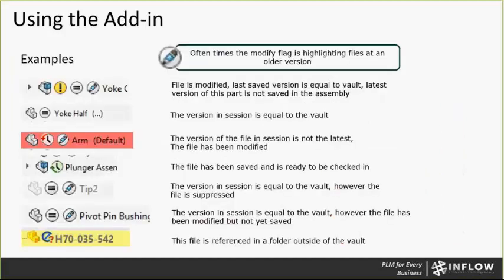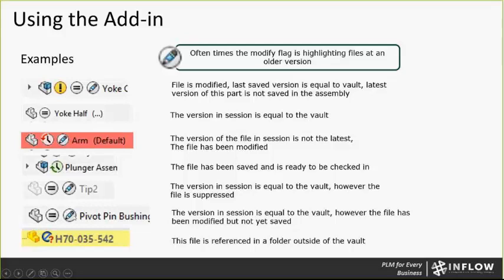This is what these icons stand for and what they mean. I'm not going to go over every one of these, but here are some combinations that we see, which is another thing that we recommend giving to people as they start to use SOLIDWORKS for the first time, or even as a refresher a year after they start using it. This talks about different icons and what they mean in context when you're working on a file in SOLIDWORKS. The one that always trips people up is when the file has the equal to and the pencil.